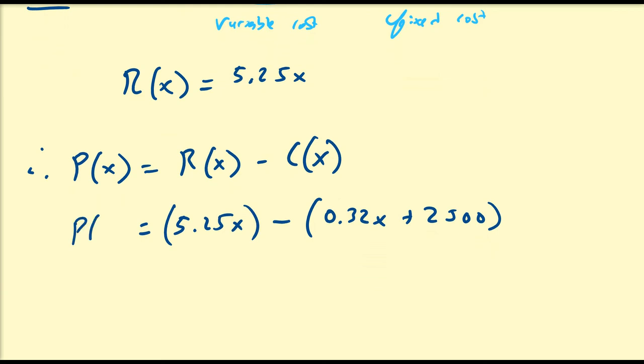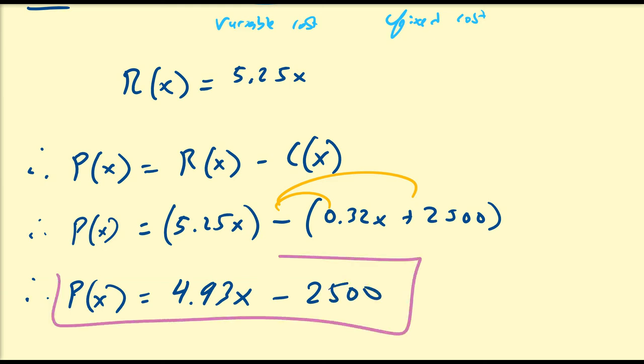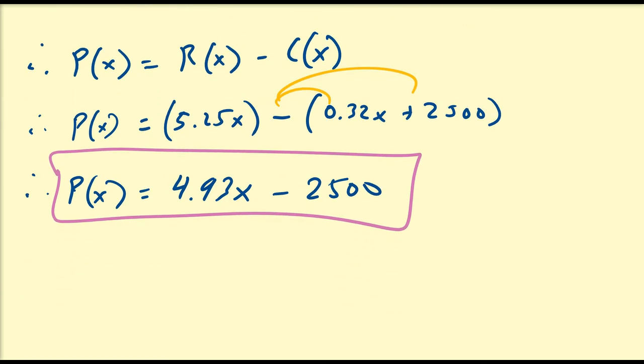So that's our profit function. Some people use pi to represent that. I'm going to distribute this negative and combine like terms. 5.25 minus 0.32 is 4.93, so we get 4.93x minus 2,500. This is my profit function. For any number of units sold x, you can figure out your profit.